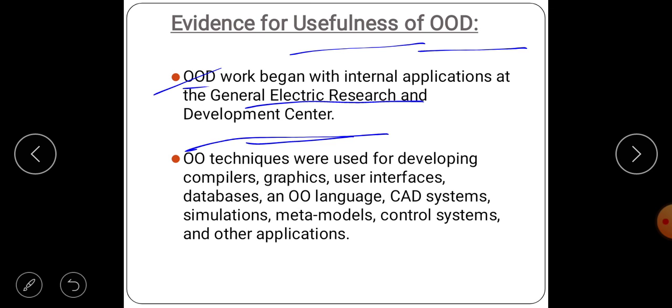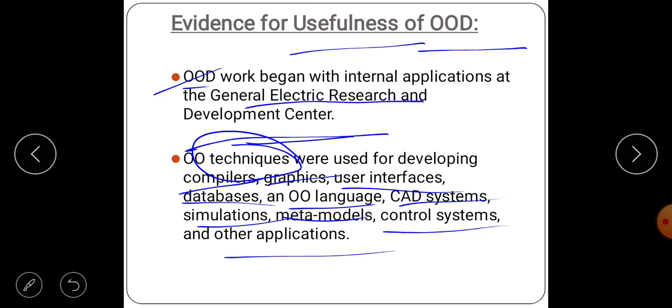Next, OOD techniques were used for developing compilers, graphics, user interfaces, databases, OO languages, CAD systems, simulation, meta models, control systems, and other applications.